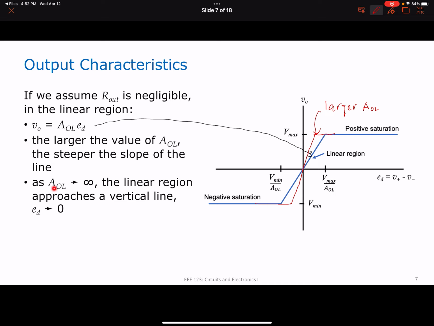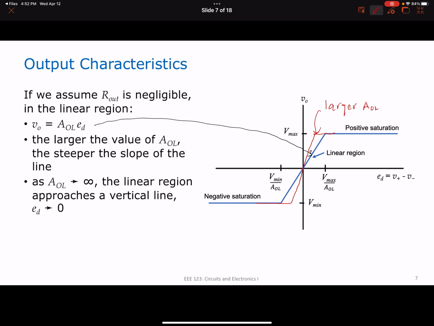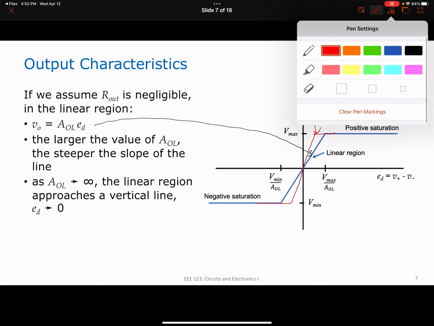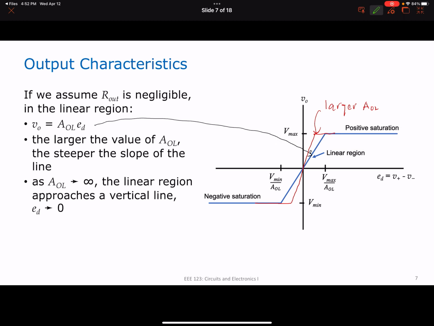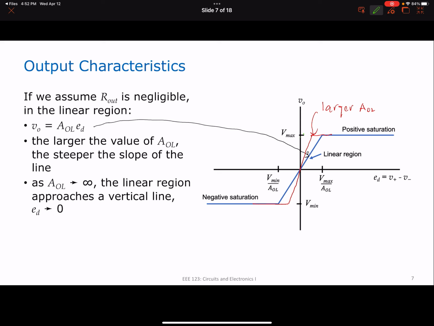As A_OL approaches infinity, what will happen to this line? This line will become a vertical line. Let me show that. So that will now look this way. This is the line where A_OL is approximately equal to infinity.